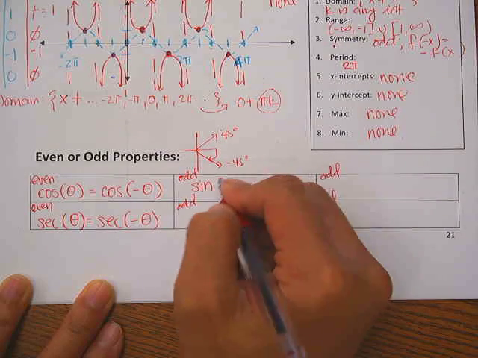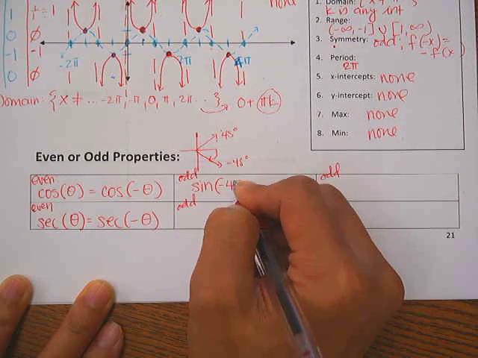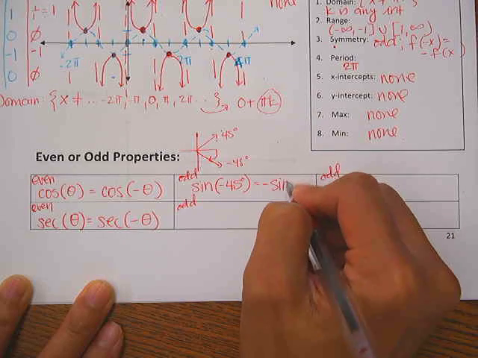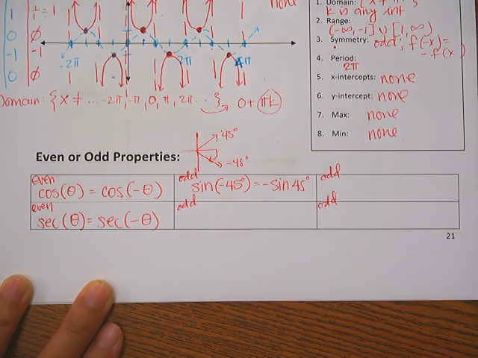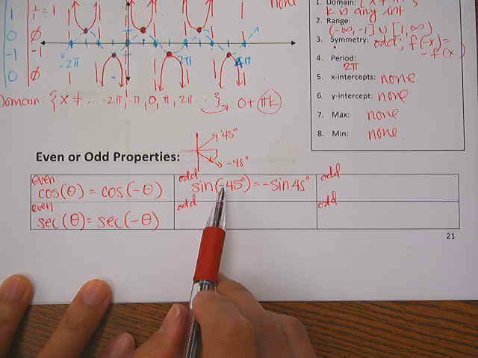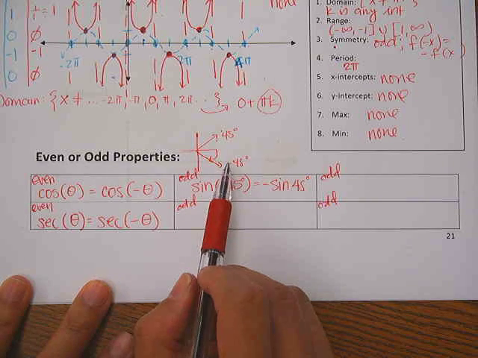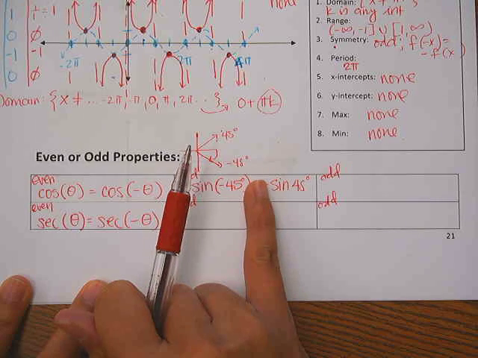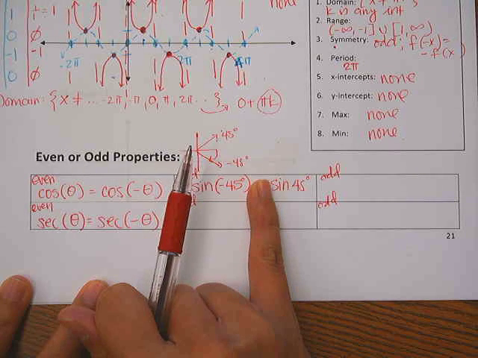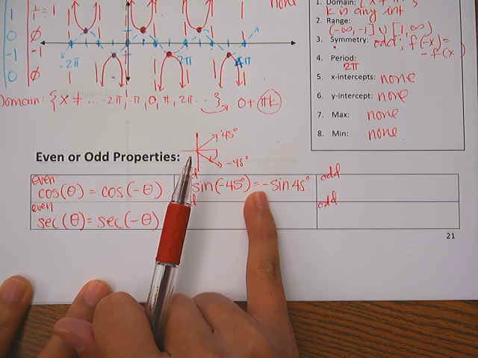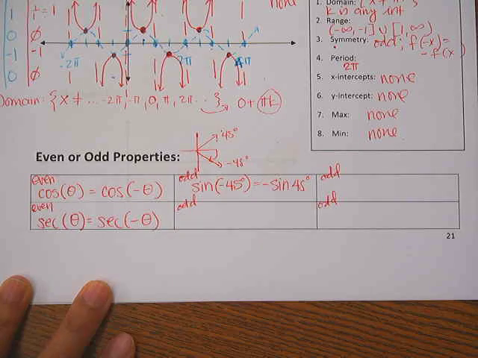So in an odd function, sine of a negative 45 degrees equals a negative sine of a positive 45 degrees. Sine of a negative 45 degrees is a negative rad 2 over 2, and sine of positive 45 degrees is a positive rad 2 over 2, but I want to multiply by negative 1 to make these two equal.